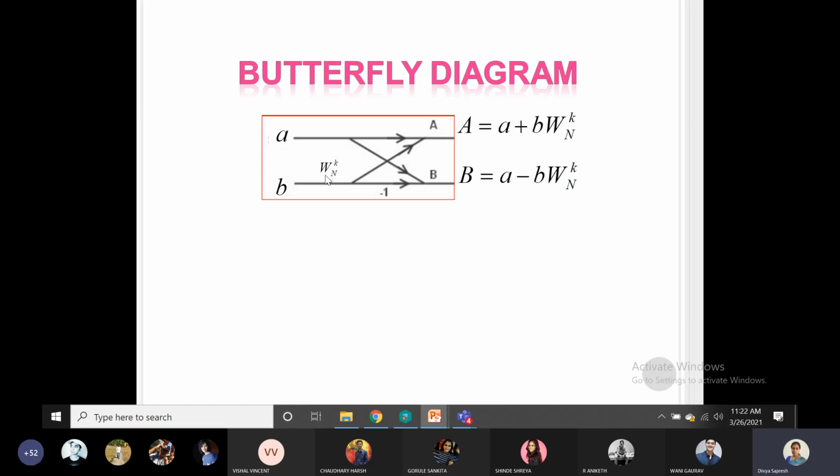The twiddle factor will be inserted in the lowest branch, in the second branch of the 2 input butterfly diagram, because the algorithm is developed in such a way as per the DFT formula definition. Accordingly your outputs will be A plus B into WNK and A minus B into WNK.